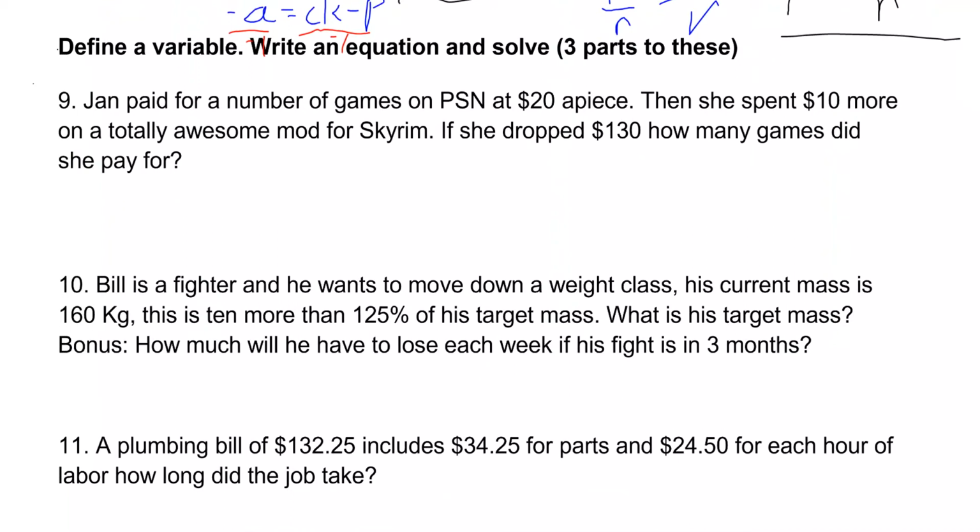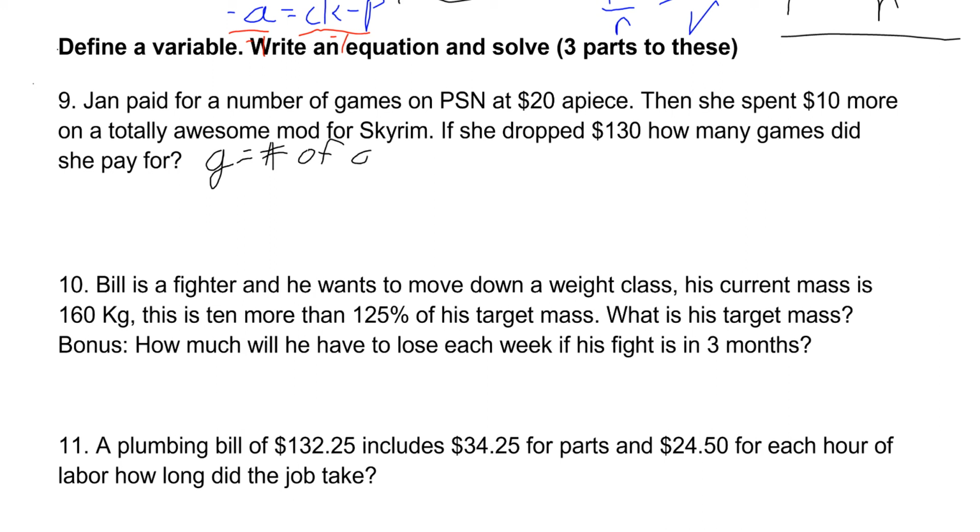Then she spent $10 more on a totally awesome mod for Skyrim. If she dropped $130, how many games did she pay for? So here's what we're going to do. We're going to define G equals number of games.